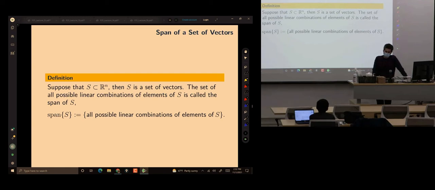I could give you a set of vectors, right? And then you could create a larger set by including every possible linear combination of those vectors. And that would be the span of that set. So if S is a set of vectors, the set of all possible linear combinations of its elements gives you the span of S. And the span of S, by definition, is a subspace because it includes all the linear combinations. Whatever you choose, it is already contained.